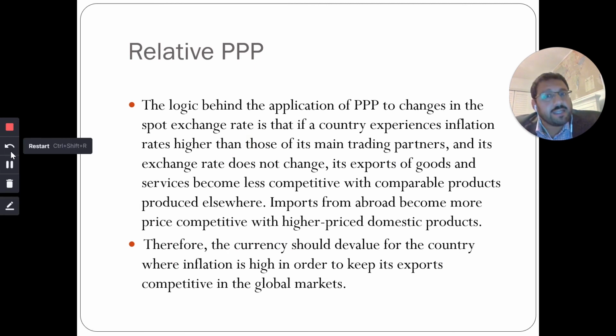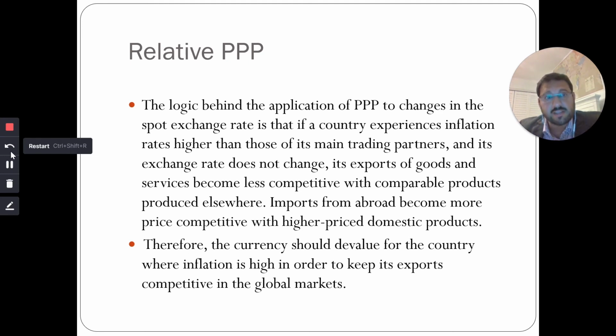The logic behind purchasing power parity is, if there is high inflation in one country, its products become expensive for export purposes, right? And if the exchange rate does not move, if one country has more inflation and its currency does not depreciate, it becomes expensive for importers to buy from this country.